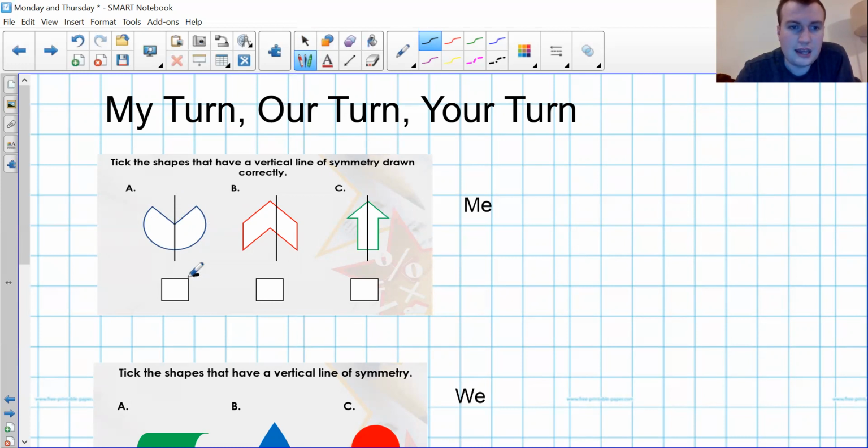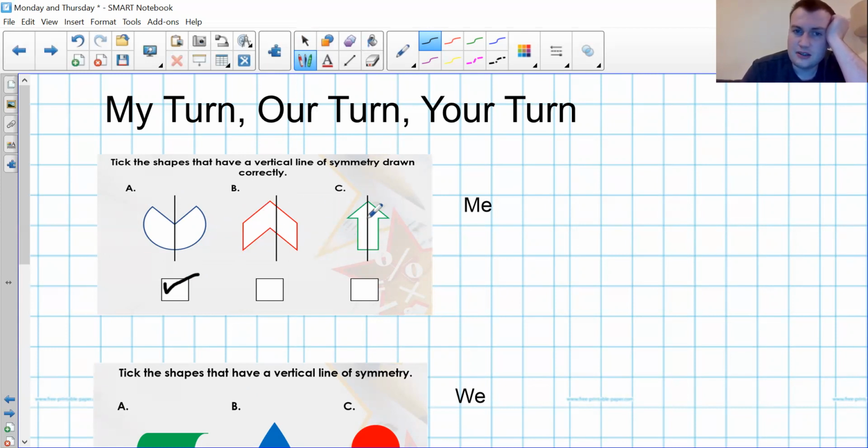So I know that A is here. I can look this side of the line and this side of the line and see actually they're a bit different because this has got a flick, almost like you can even count the sides of the shape. So 1, 2, 3, 4, 5, 6 on this side of the line, whereas only 1, 2, 3, 4 on this side. So they have to be different. So this one's not correct.